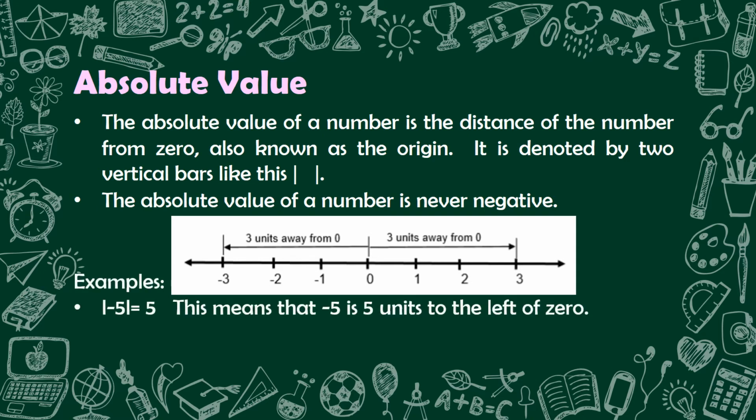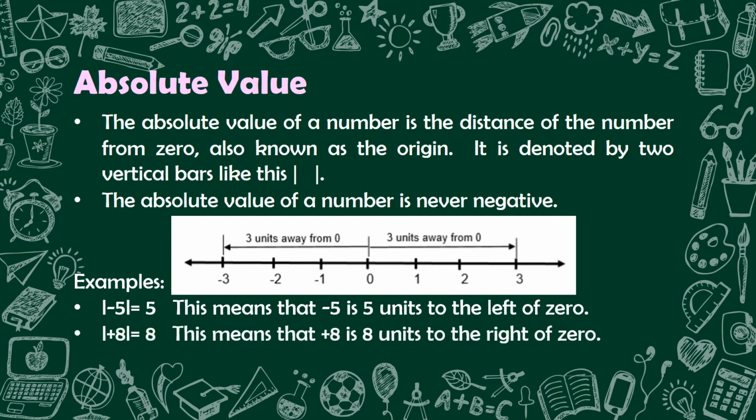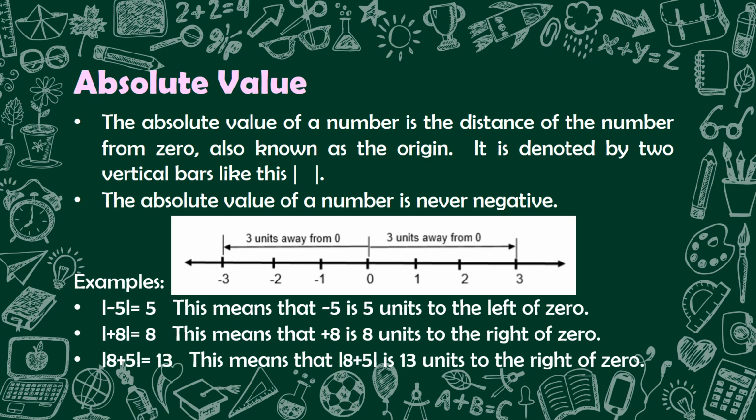Let us have more examples. The absolute value of negative 5 is equal to 5. This means that negative 5 is 5 units to the left of 0. Another is the absolute value of positive 8 is equal to 8. This means that positive 8 is 8 units to the right of 0. And last, the absolute value of 8 plus 5 is equal to 13.